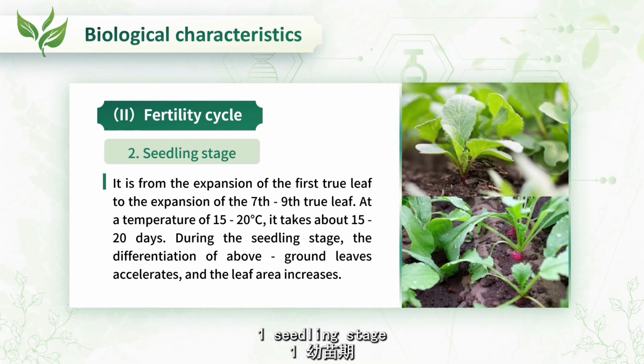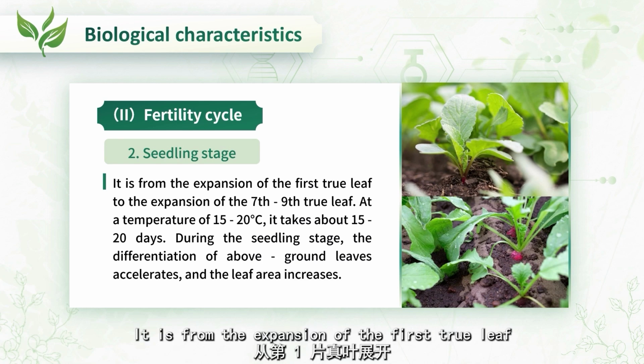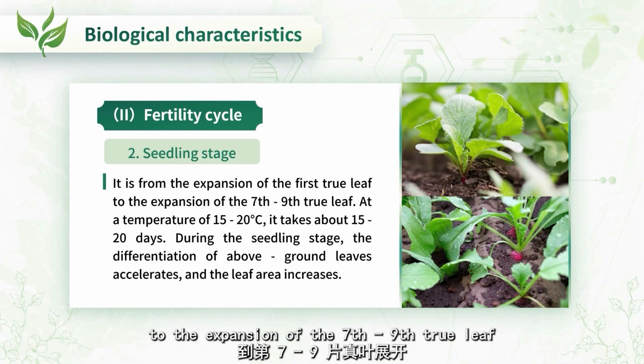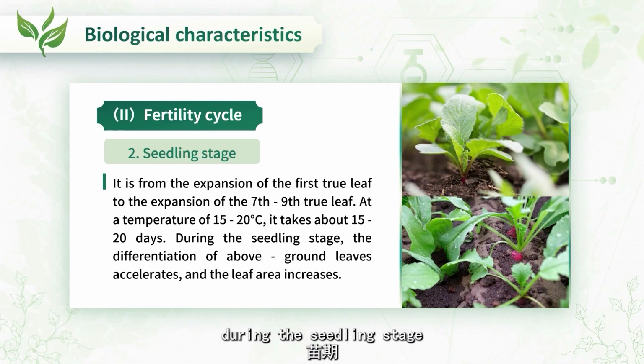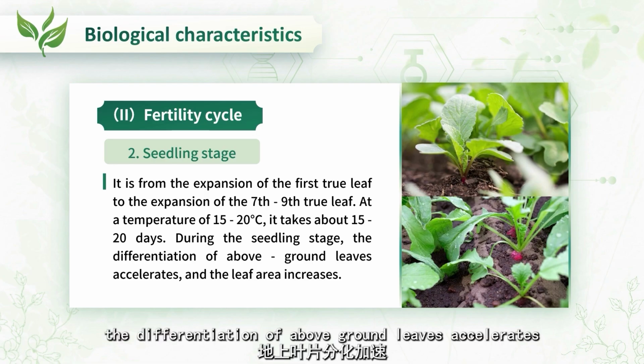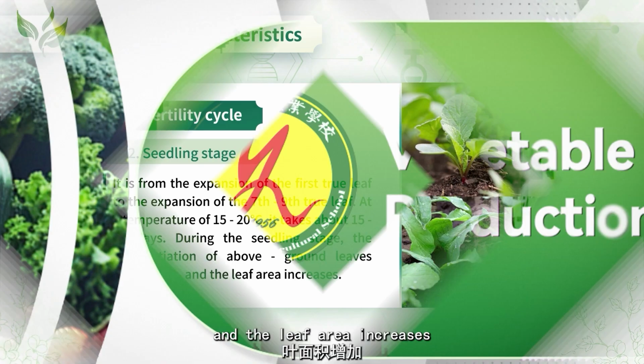2. Seedling stage. It is from the expansion of the first true leaf to the expansion of the 7th to 9th true leaf. At a temperature of 15-20 degrees Celsius, it takes about 15-20 days. During the seedling stage, the differentiation of above-ground leaves accelerates, and the leaf area increases.